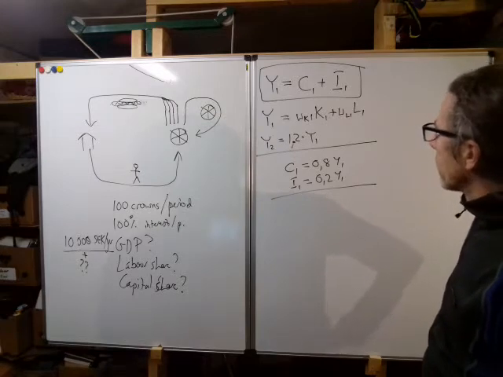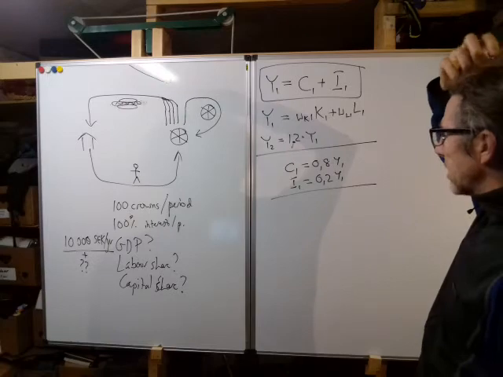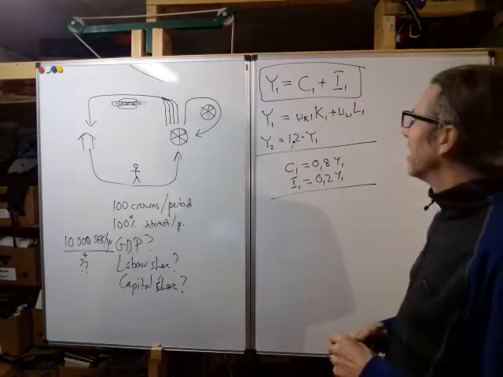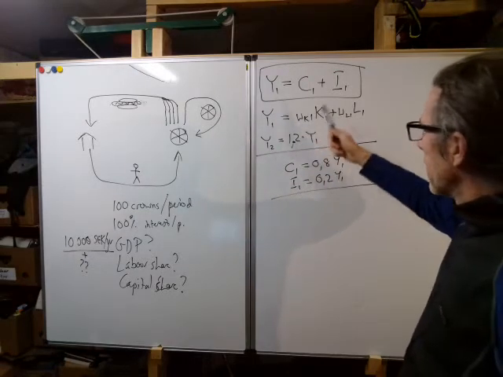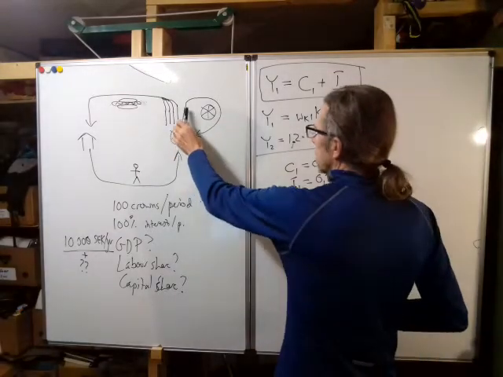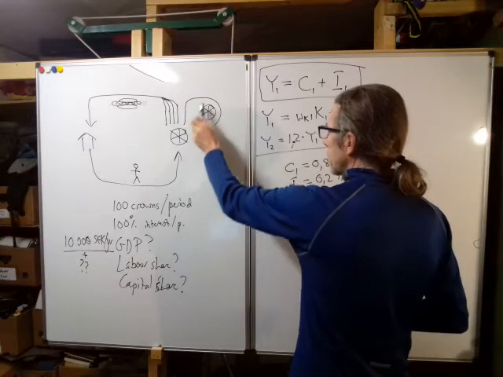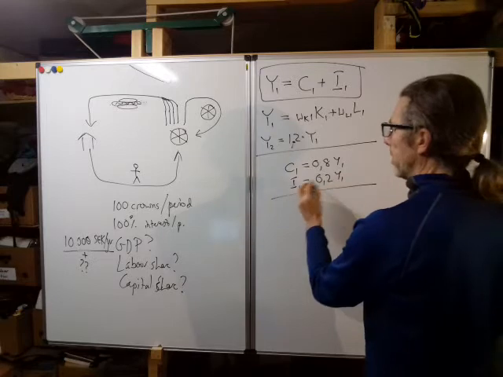So these machines here cost 0.2 Y1 to make.